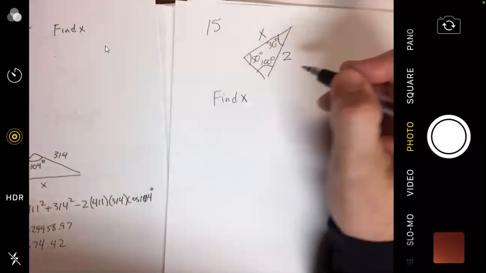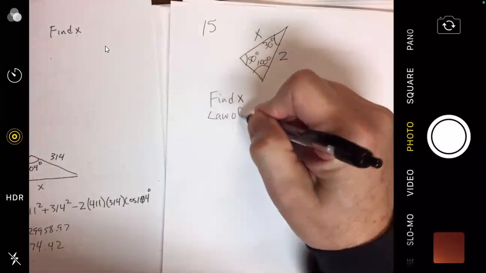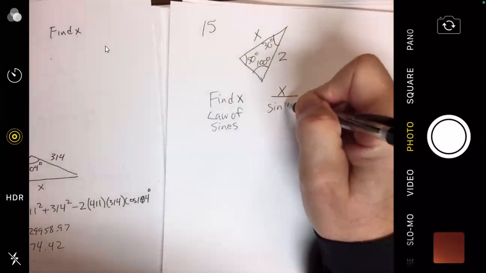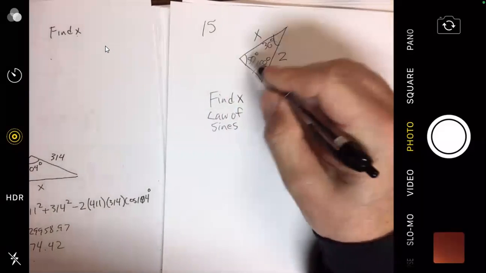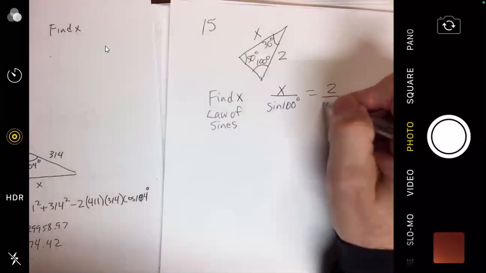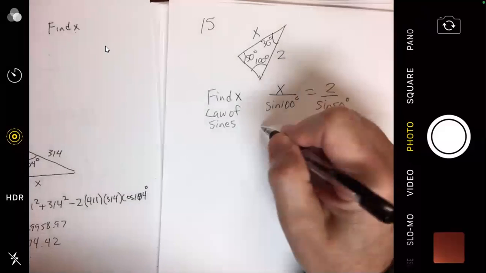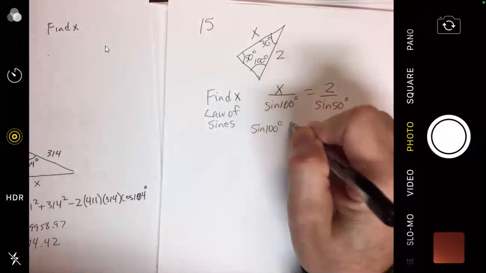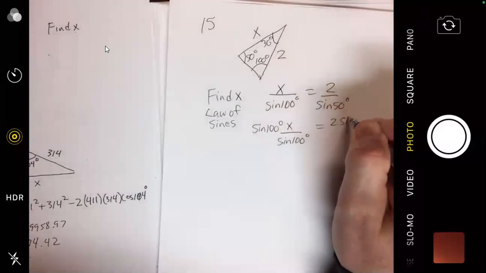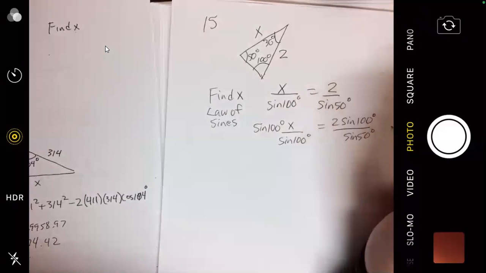So we can apply the law of sines. x over sine of 100 degrees. Remember, any side over the sine of its opposite angle is equal to any other side over the sine of its opposite angle. We multiply both sides by sine of 100 degrees. Sine 100 degrees over sine 50 degrees.